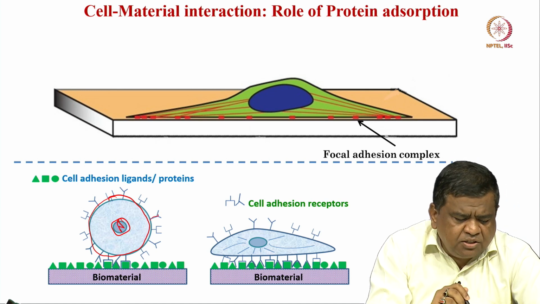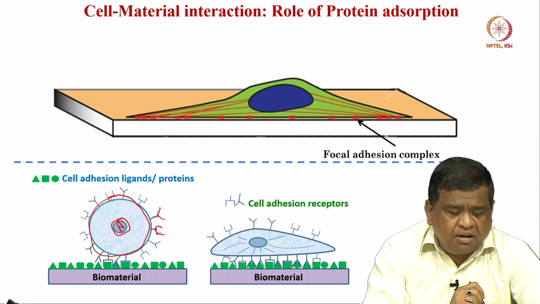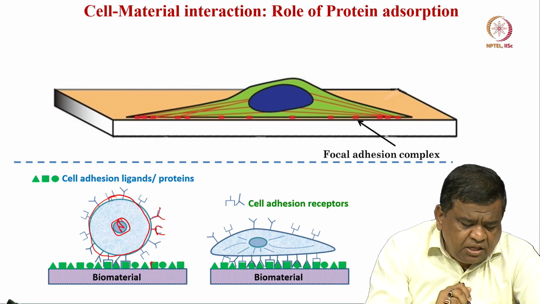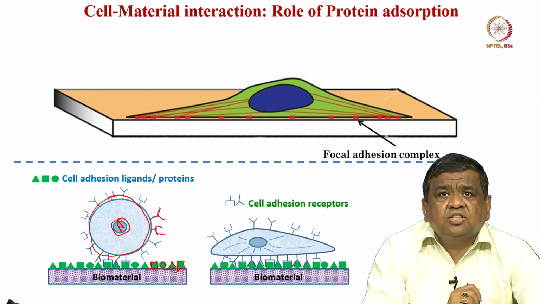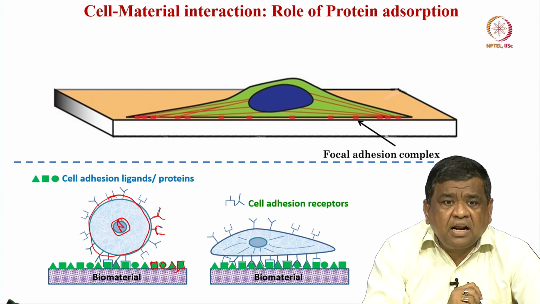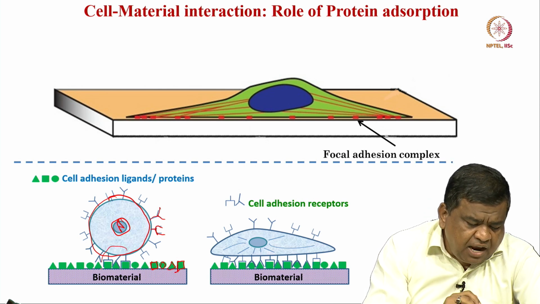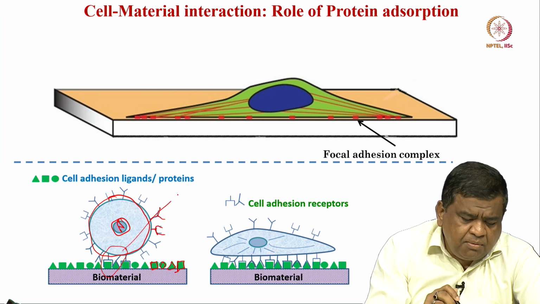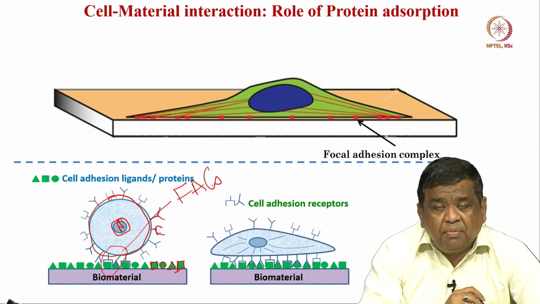You can see these are like integrin proteins or transmembrane proteins or cell surface receptors, and the protein adsorption has been shown by different geometrical structures like square, triangle, circle, rectangle and so on, which are already adsorbed at the biomaterial substrate. Now, these kinds of assemblies essentially constitute focal adhesion complexes.